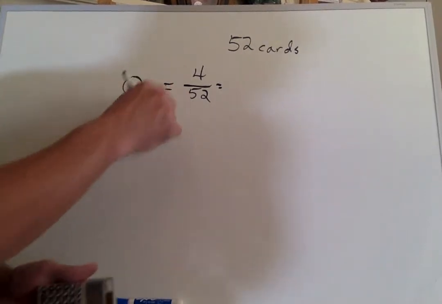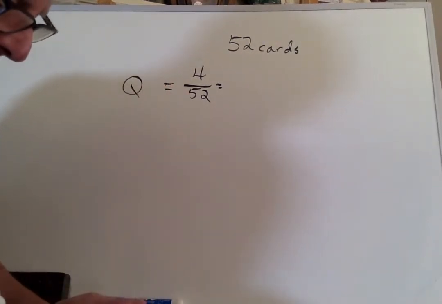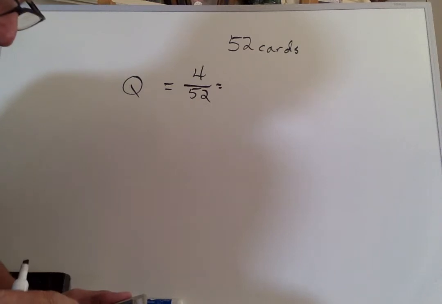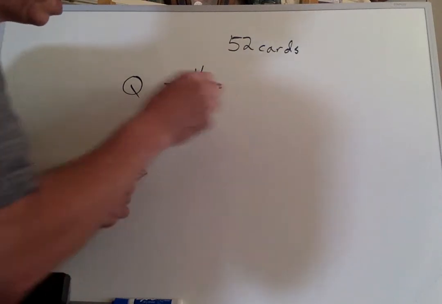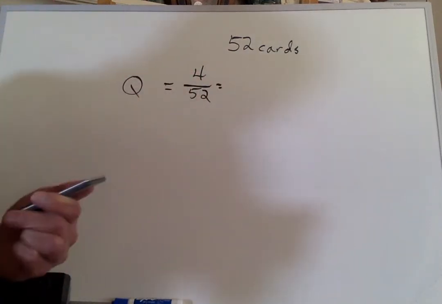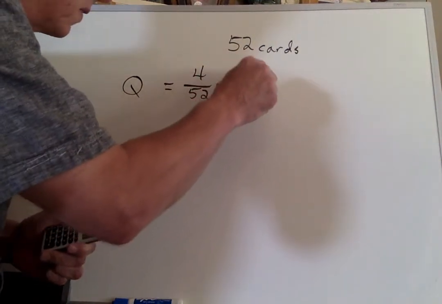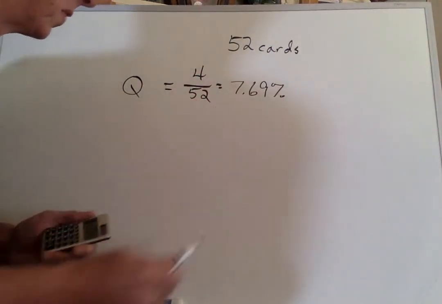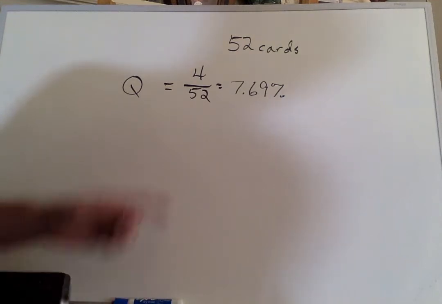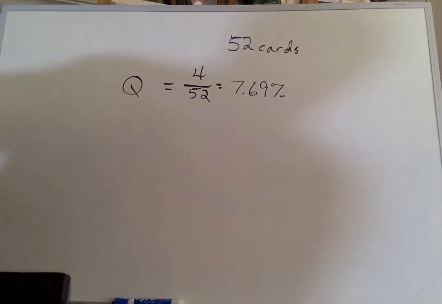This is unfinished business, right? I've mentioned this before, whenever you have a fraction. So 4 out of 52 cards, that's our probability. So the probability, and use your calculator, excuse me, the probability here is 7.69%. That is, we're going to divide 4 by 52, and that's what we have for our probabilities.